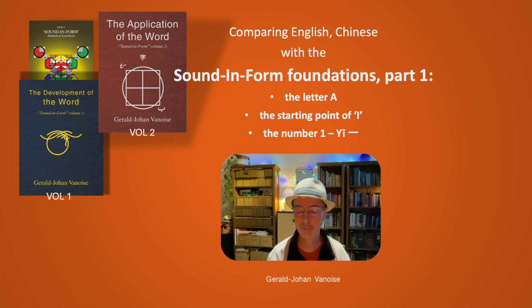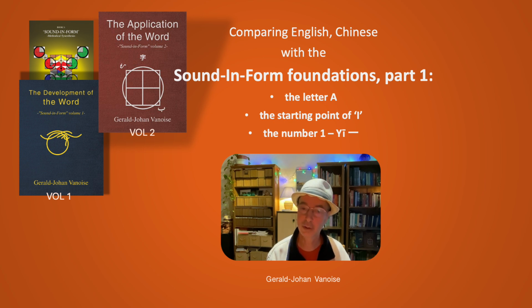So the basics for the Western languages is based upon the Roman script, and we use the letter A as a foundation. We also say we start from what we think, so from I. It has the sound of A in the beginning, but it has the letter I, and that's the second letter of importance also in the system.